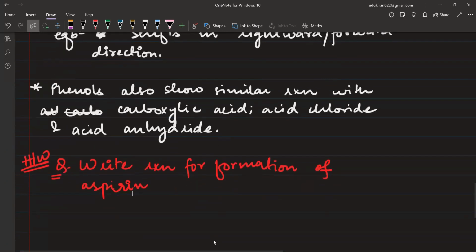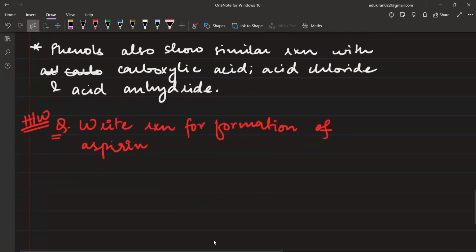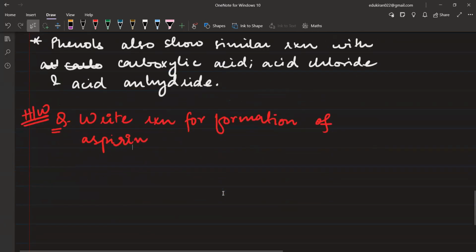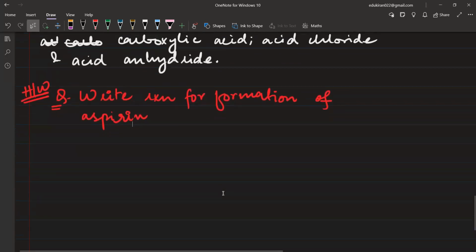You will find this in your textbook. It is there in your NCERT textbook. You will try to find it out. It is a similar reaction, done with a certain kind of phenol.